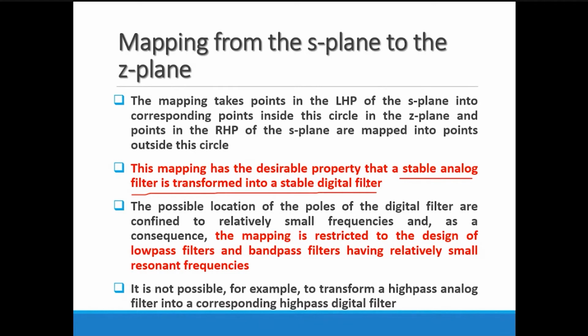So the meaning is, a stable analog filter is transformed into a stable digital filter. The possible locations of the poles of the digital filters are confined to relatively small frequencies, and as a consequence, the mapping is restricted to the design of low pass filters and band pass filters having relatively small resonant frequencies.